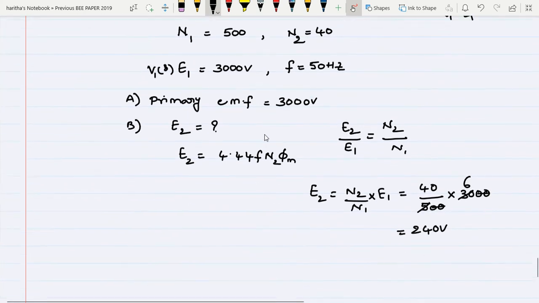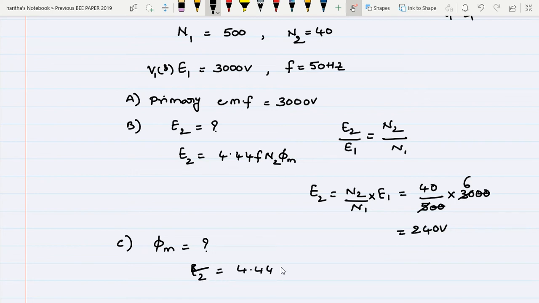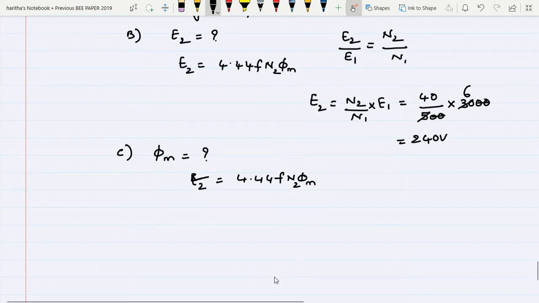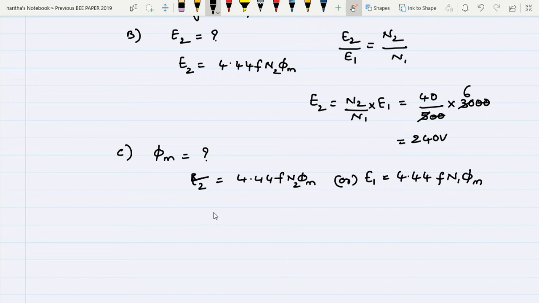Next, the third one, you have to find out maximum core flux. That means phi m. So from the EMF equation, E2 is equal to 4.44 f N2 phi m. Either secondary induced EMF or primary induced EMF, you can use this equation. E1 is equal to 4.44 f N1 phi m. In the two cases, the flux is same, so we can use any one formula.